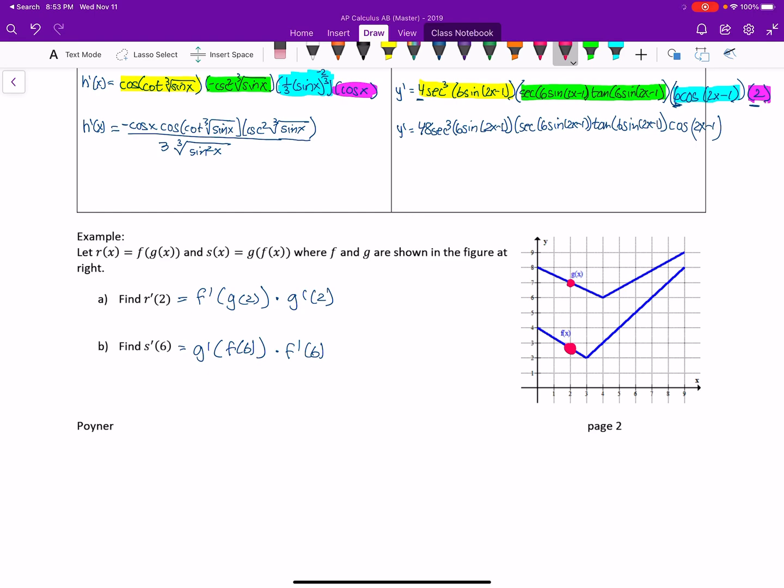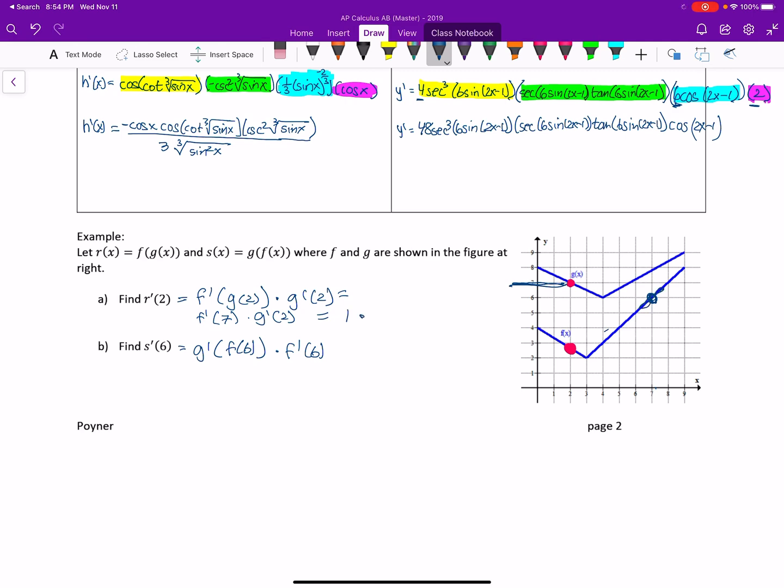I need to find f prime of g of 2. First, g of 2 is 7. I can see that here. That's g of 2, 7. So that means f prime of 7 times g prime at 2. Now, remember, that's the slope. The slope at 7 of the f function, the f function is right here, and the slope at 7 looks like a positive 1.